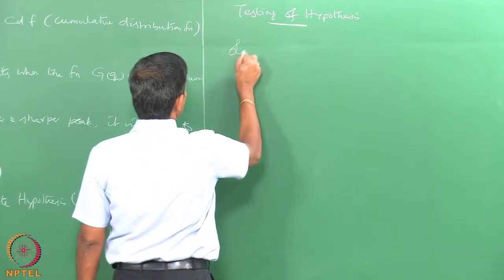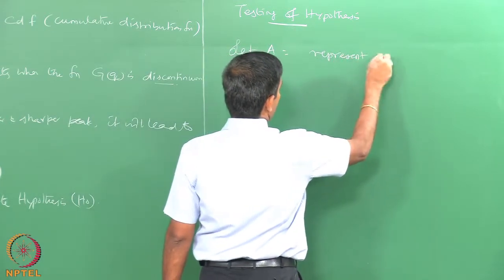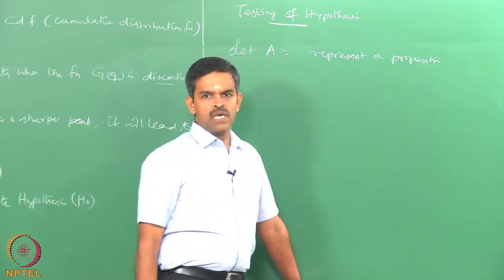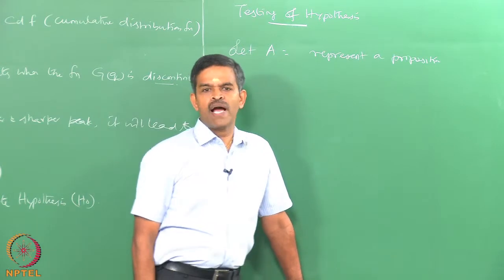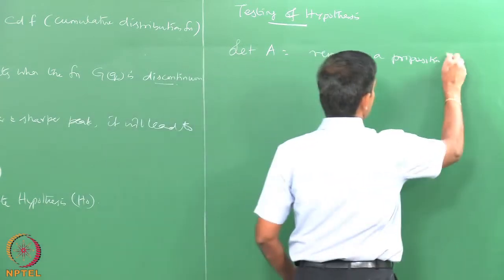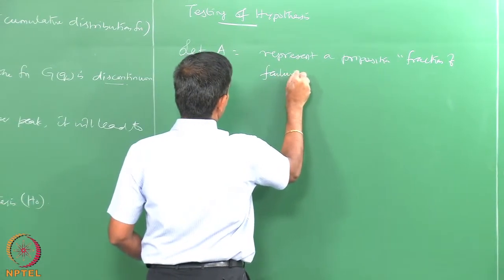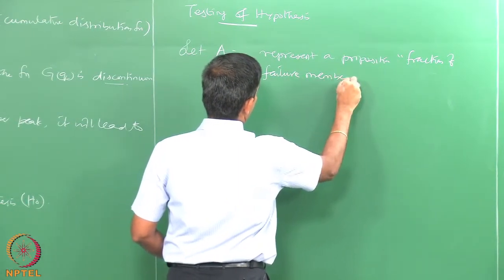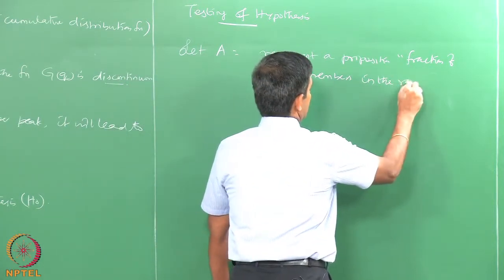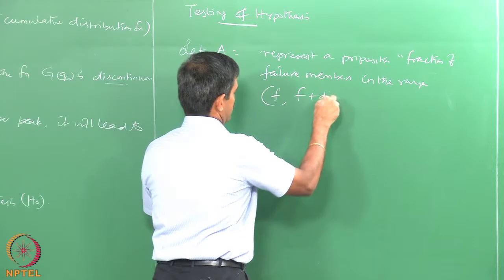Let us say for example, let A represent a proposition that fraction of bad or failure members in the range f and f plus df.